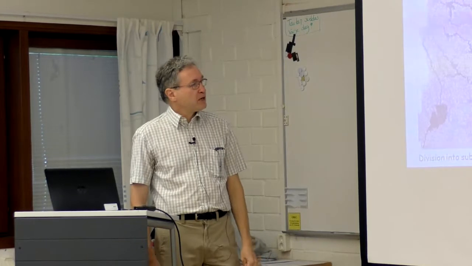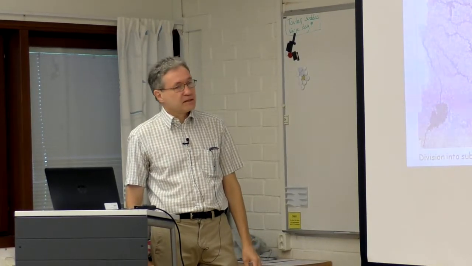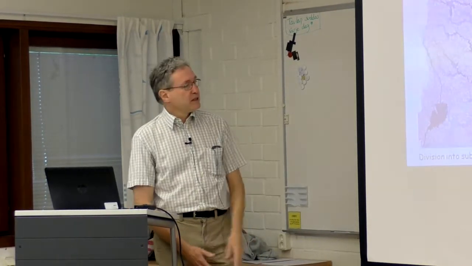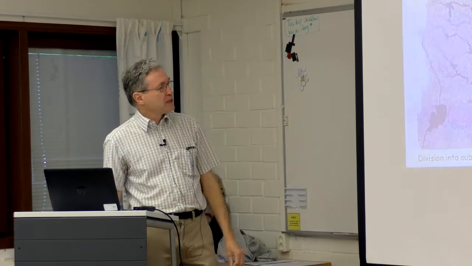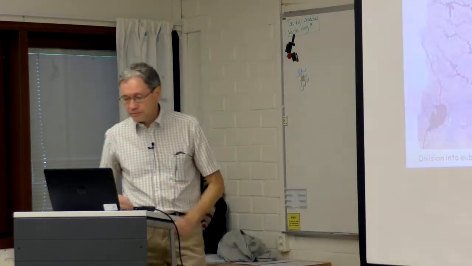The version that we have now has 36,000 subbasins, so it's even finer in detail for Sweden. So you can see the basin divides and the network of streams.